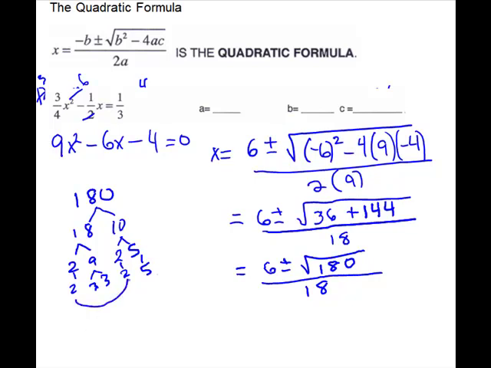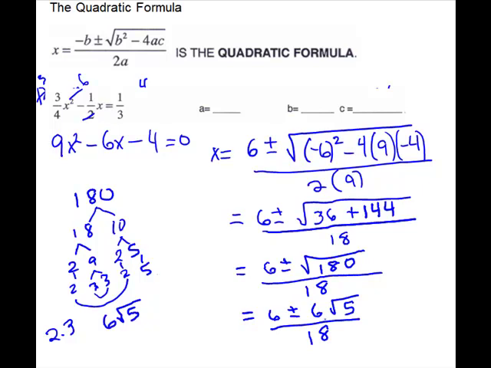You are getting a 2 from your 4, and you are getting a 3 from your 9. So a 2 goes out and a 3 goes out to give you 6 on the outside times the square root of 5. So we have 6 plus or minus 6 times the square root of 5 over 18.